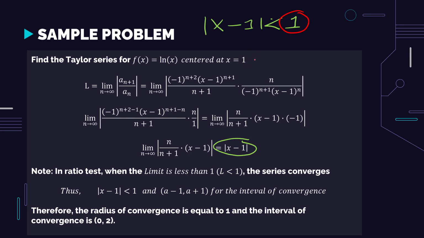For the interval of convergence, we will be using this formula, a minus r and a plus r, where r represents the radius of convergence. Since we already have values for a and r, our a is 1 and the value for r is also 1.